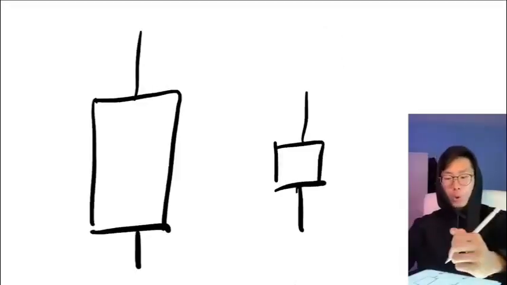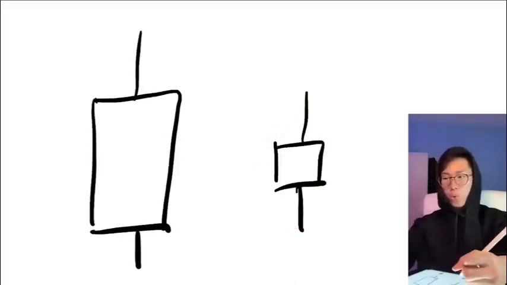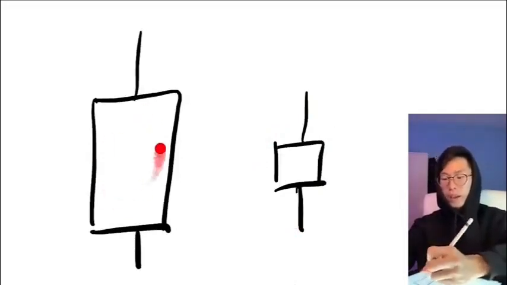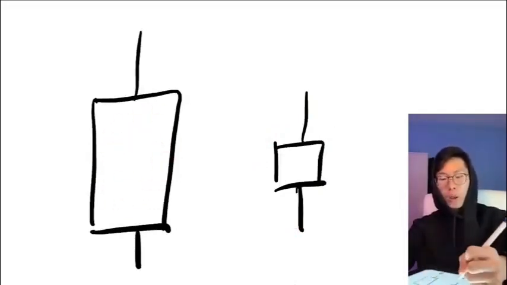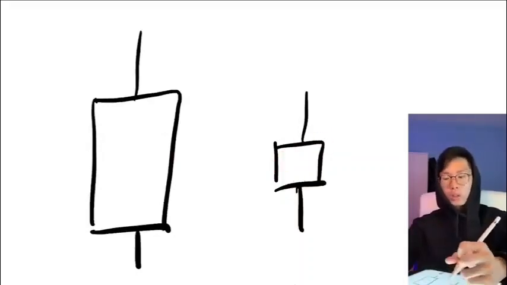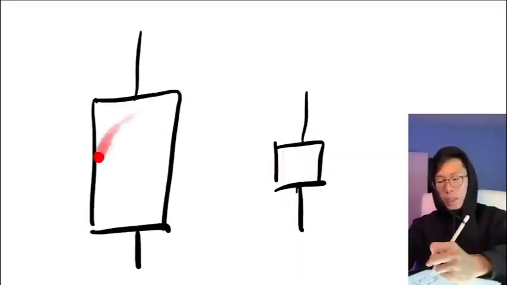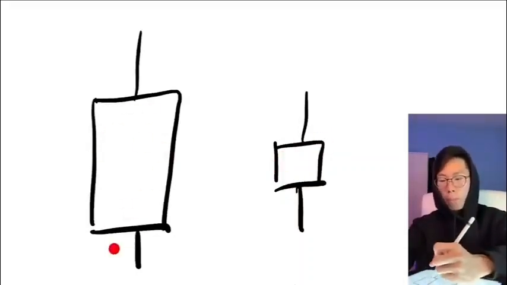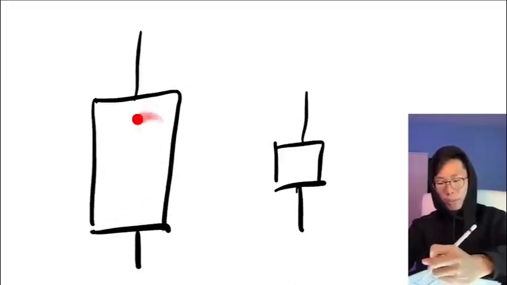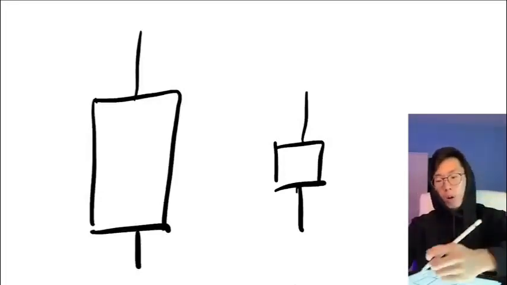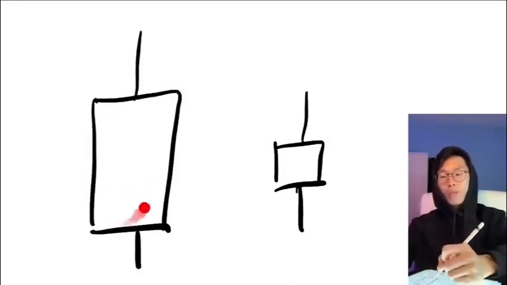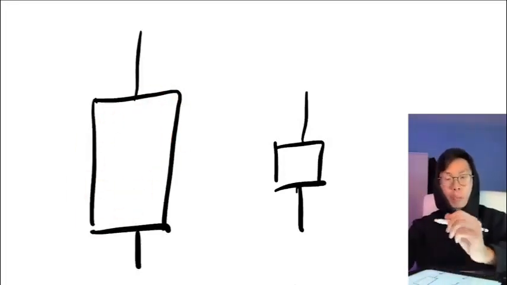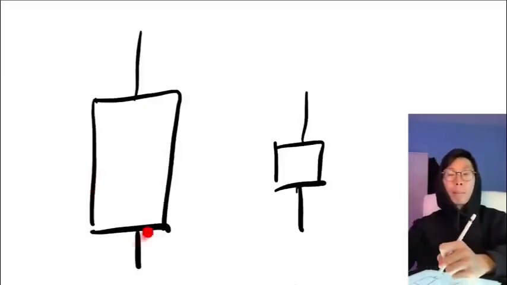Alright. Next, I want you guys to compare these two candlesticks right here. You can see this candlestick has a longer body, right? While this one has a shorter body. So what does this mean? This means that this candlestick has more buying pressure, because it has a longer body, and the longer body means there is more volume, more buyers and more momentum in the market.